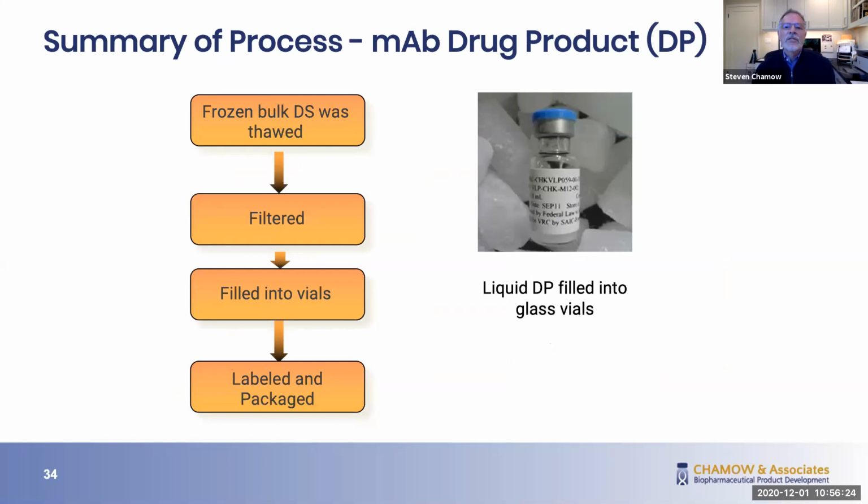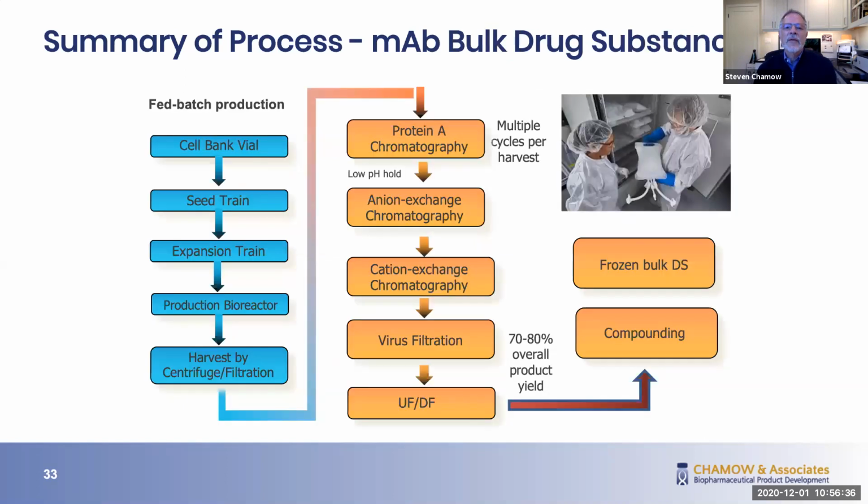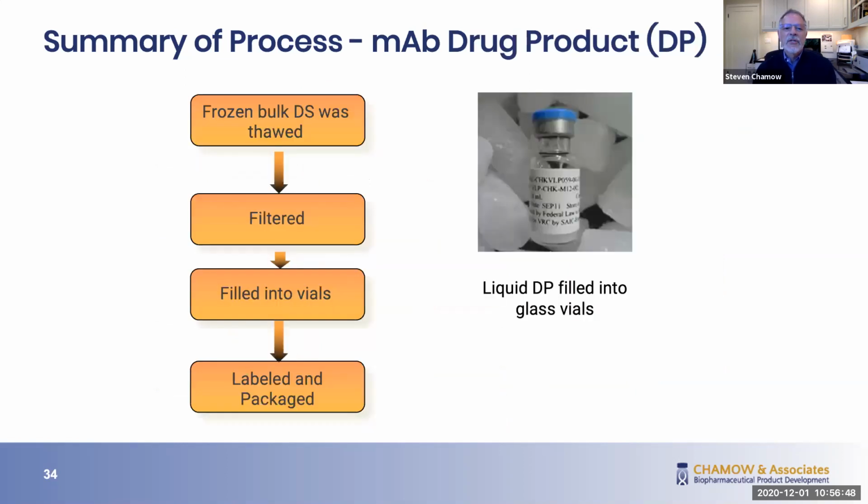Now, just to go back to what Tracy was talking about in terms of the CDMOs who participate in all of these activities, in our case here, this client was interested in one CDMO that would perform everything from cell bank vial through frozen bulk drug substance to filled into vials drug product. So we did all of that with one CDMO and then went to a second CDMO for labeling and packaging.